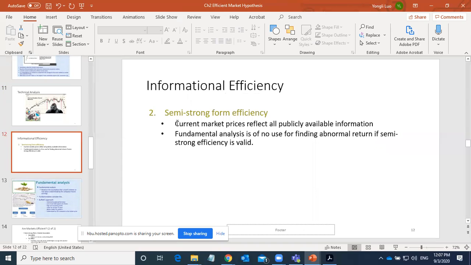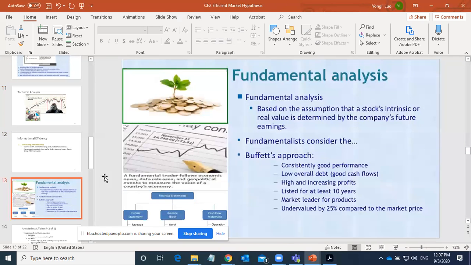Now we go to fundamental analysis. Fundamental analysis is related to semi-strong form efficiency. Can you use the public financial statements to make an investment decision about that company? You read those financial statements and decide whether you should buy the stock of that company or not. What do you say?